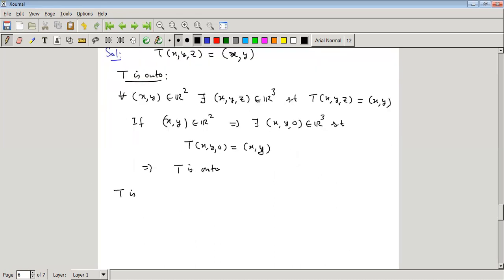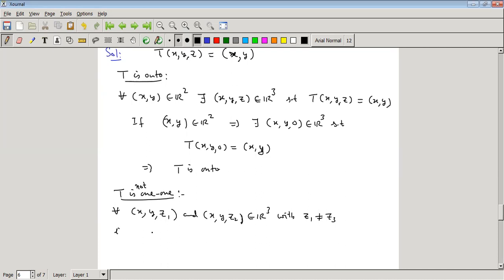Now, is T 1-1? T is not 1-1. So given any (x, y), we can take (x, y, z1) and (x, y, z2) in R3 with z1 not equal to z2.